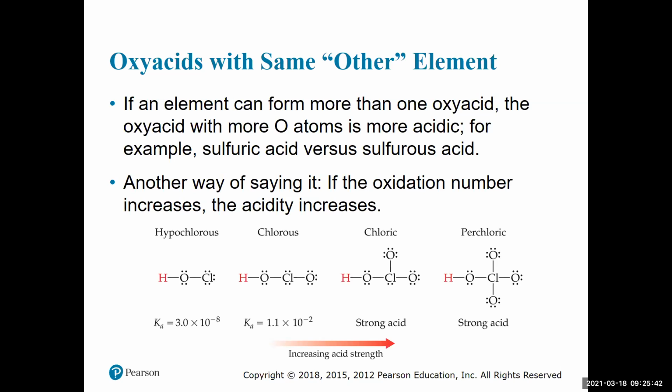Personally, I find calculating oxidation numbers not my favorite thing. So I prefer to just remember on a series like this, the more oxygens, the more acidic. Like I said, if you love oxidation numbers, go to it. But for me, it's easier just to remember more oxygens in a series like this, the stronger the acid.